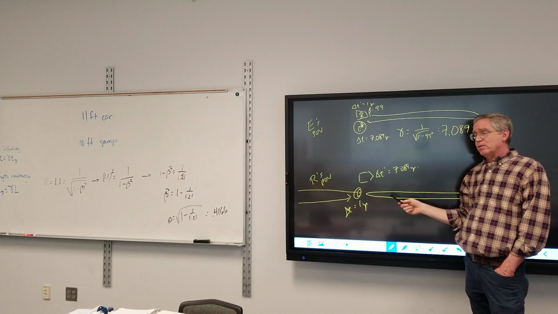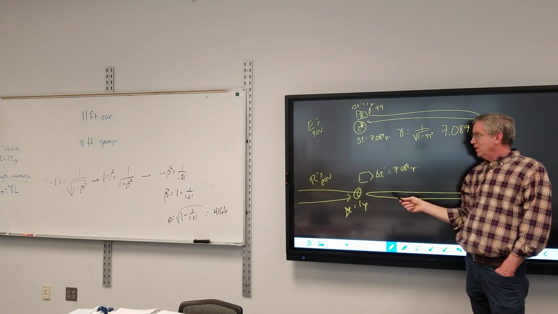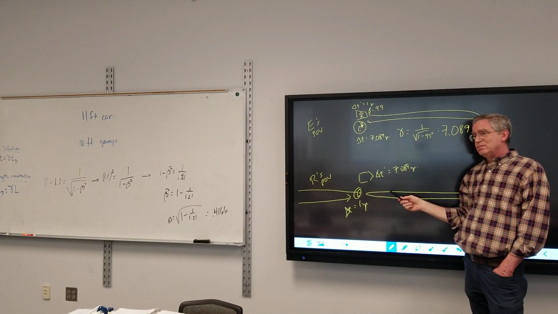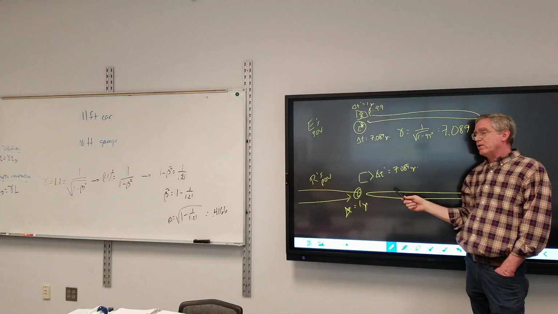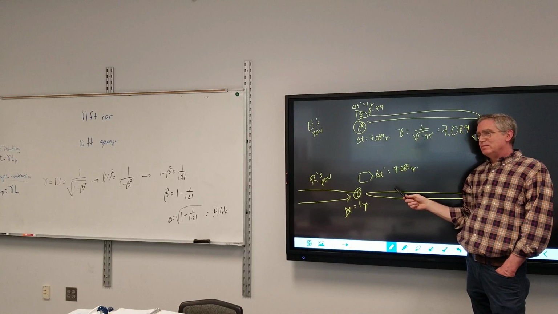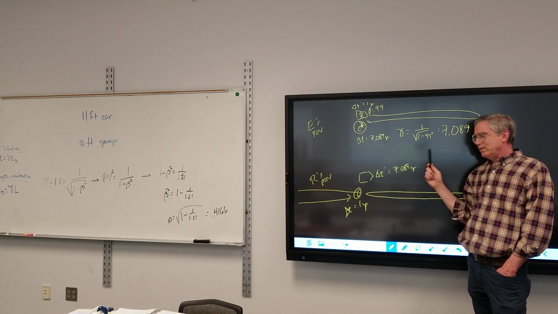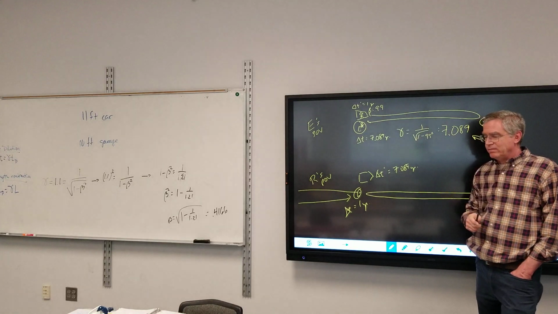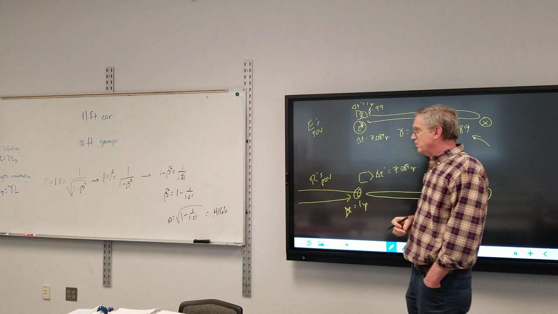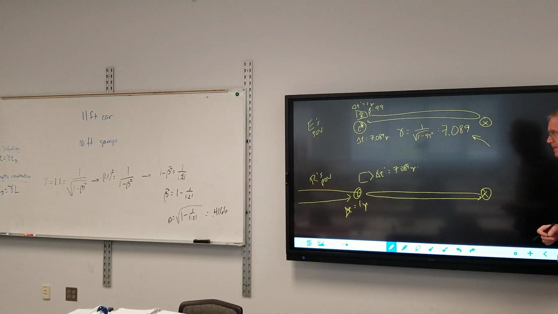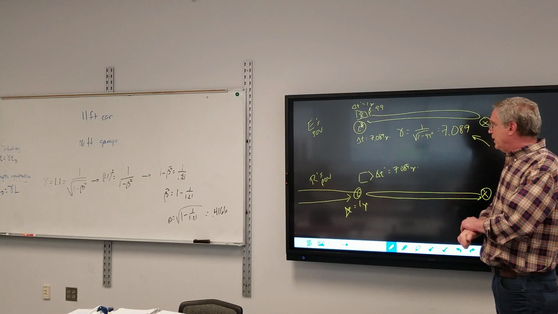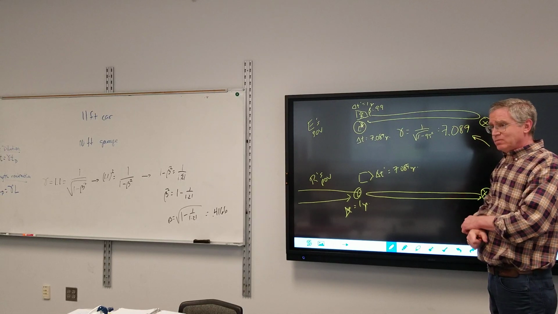In this scenario here, again, before the turnaround, the people in the rocket have aged more than the people on Earth. And it seems incredibly contradictory. But that seems to be what special relativity tells us. Okay.